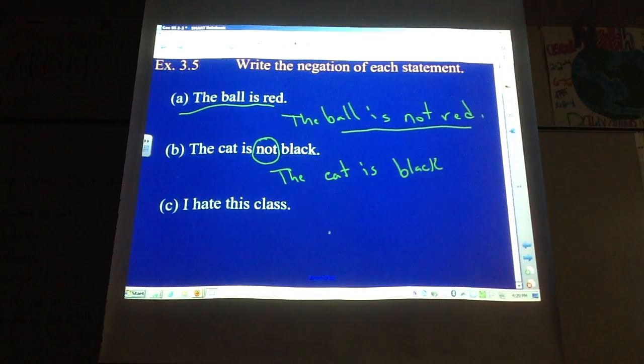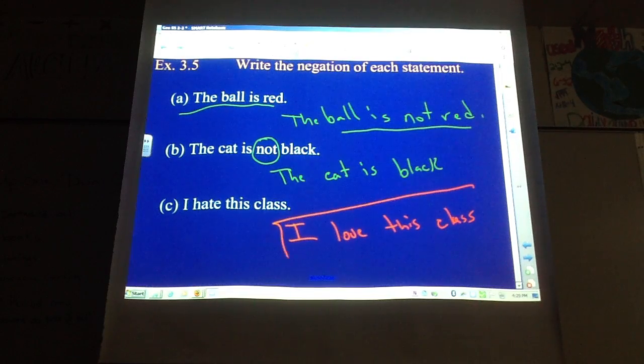Everybody really wants the negation of that statement, which is I love this class. It's the opposite meaning. Alright? Or I do not hate this class would also work.